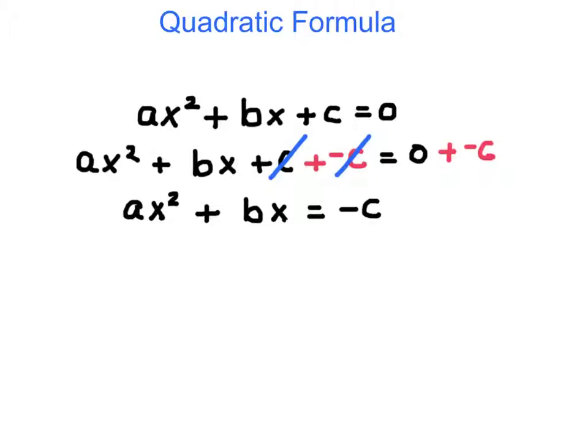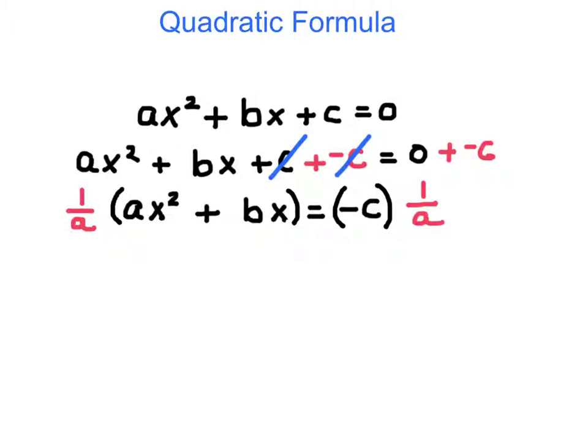So my next thought is I want to get rid of the a right here. One way to do that is to take the entire left-hand side and the entire right-hand side and multiply by the multiplicative inverse of a, 1 over a.